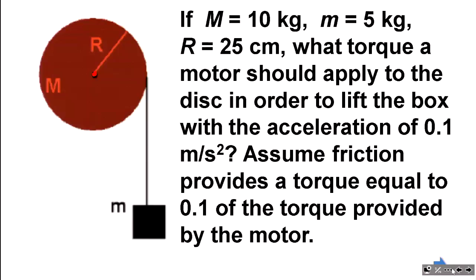wheel spin counterclockwise to make this weight move upward. So I don't have a motor, but I can do it with my hand. So that means I'm applying an extra torque.